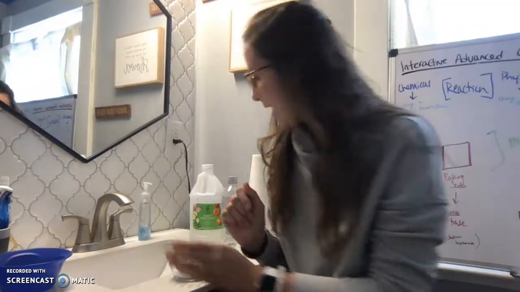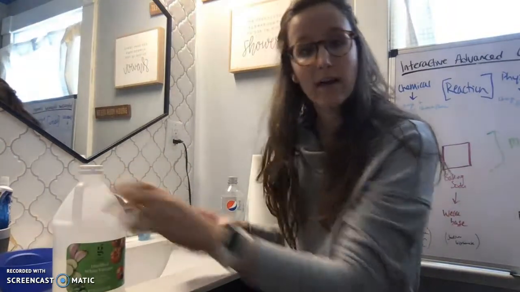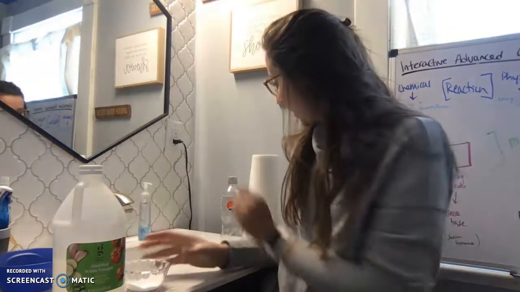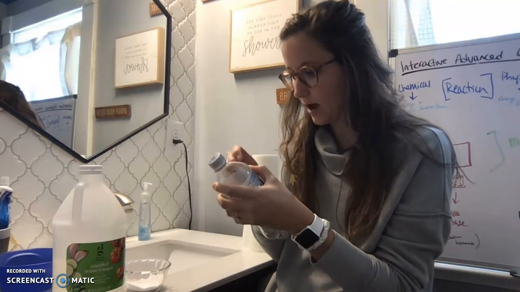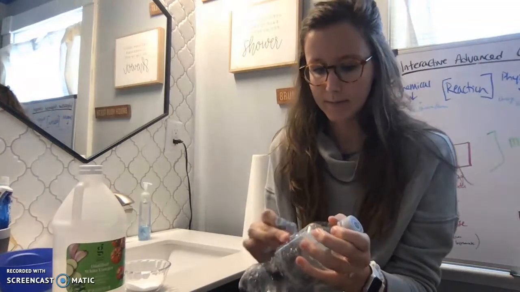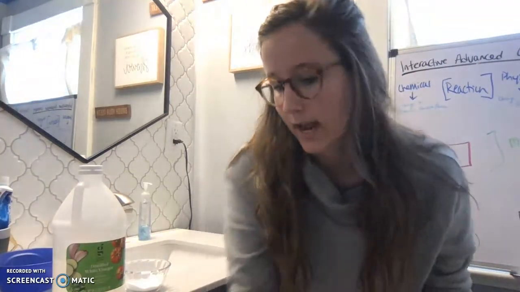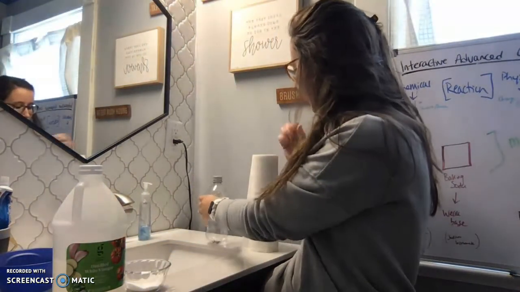Okay. As I said, we have our vinegar, we have our baking soda, and then we have a bottle, which I forgot to take the label off, Diet Pepsi. But we'll take it off so we can more clearly see what's going to happen. And then we have our paper towel.